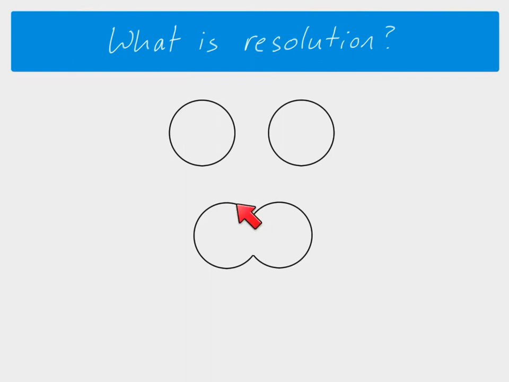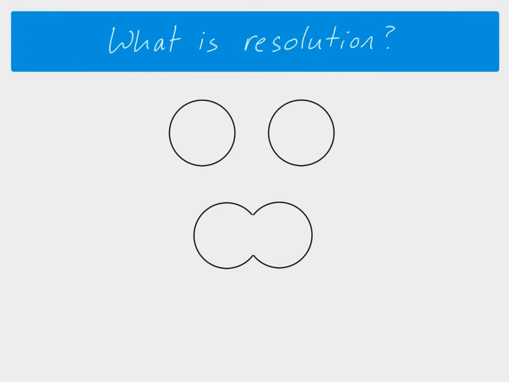we might see that those 2 objects actually sort of blurred together. We can't see them separately. So looking at this image, there'll be more detail here and there'll be less detail here, because in this one, although there are 2 separate points, we can't see them as 2 separate points. They've blurred into one.